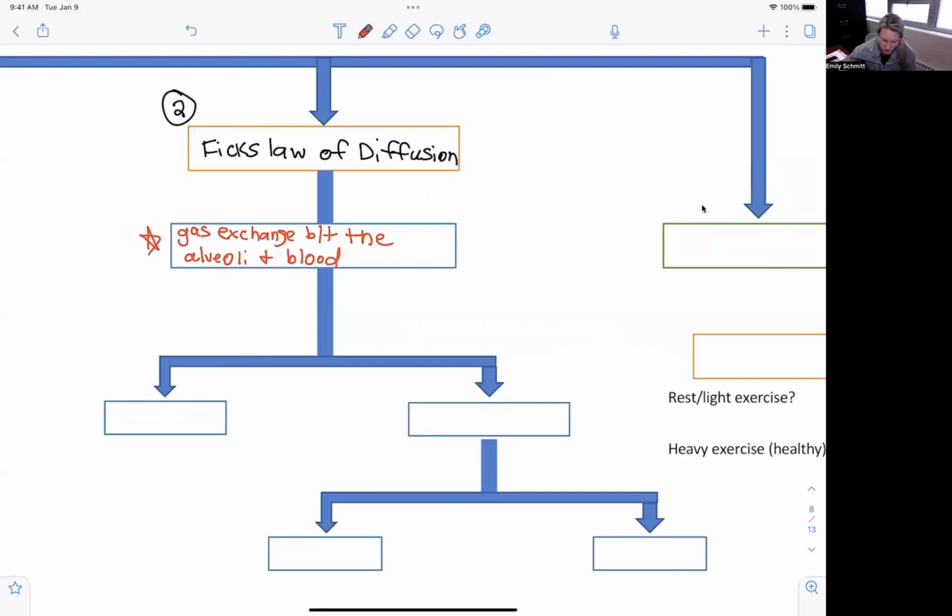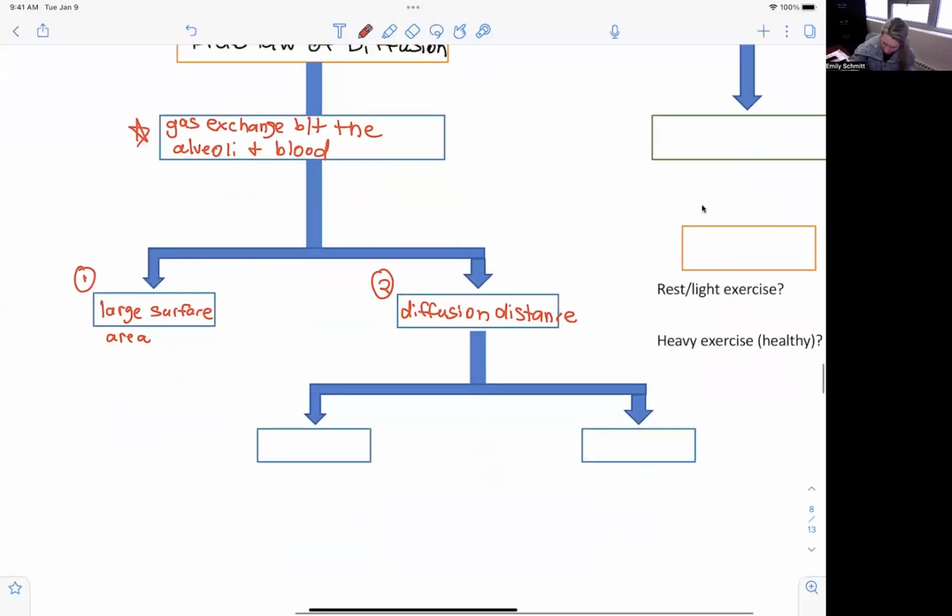And so Fick's law of diffusion is really going to depend on having a large surface area as well as this diffusion distance. And this diffusion distance will further be impacted by barrier thickness and the amount of fluid present.